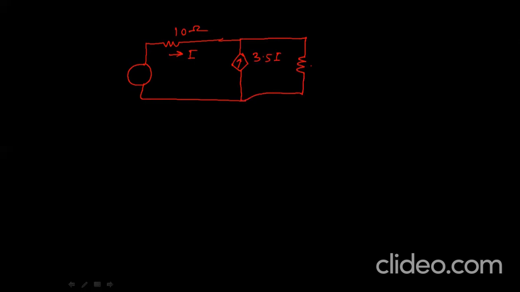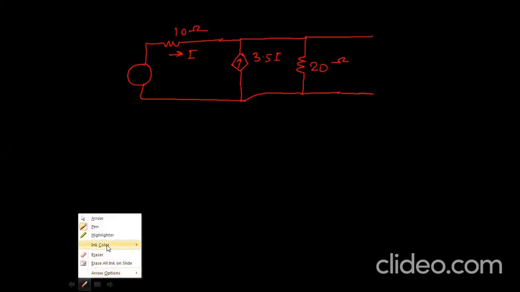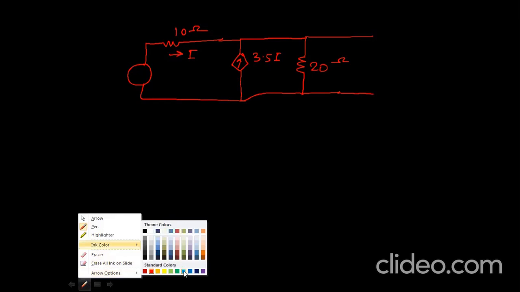So this is here, the current is I and 10 ohm resistance, and here our current dependent source is how much, 3.5 I, and here one resistance is there, 20 ohm. And this portion is our open portion. So for that, what we have to do, taking different color.